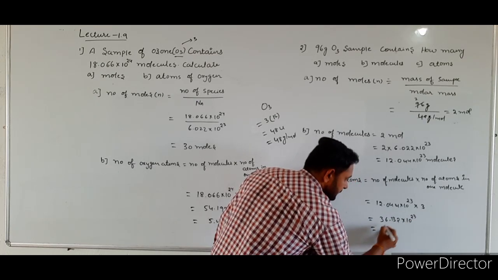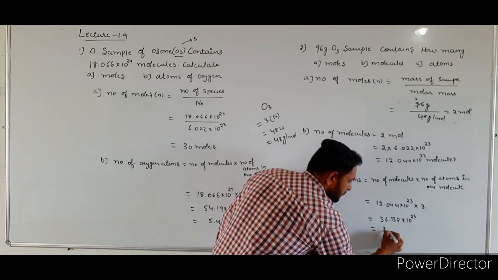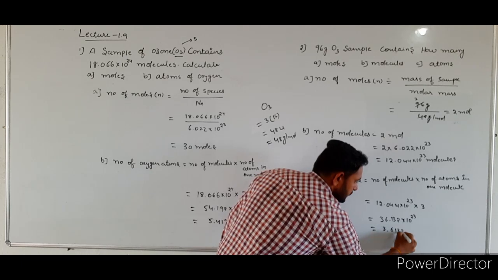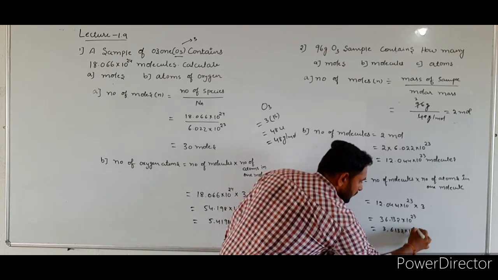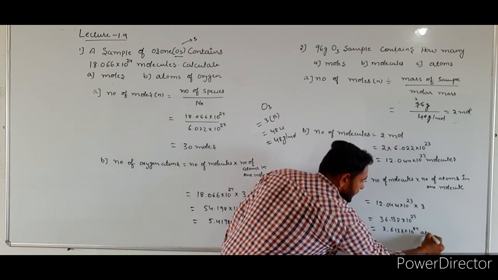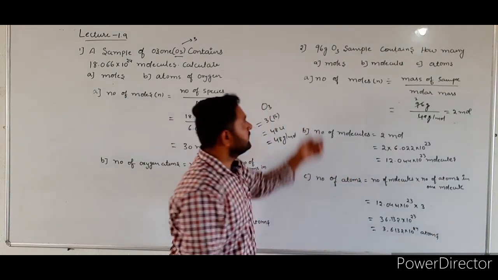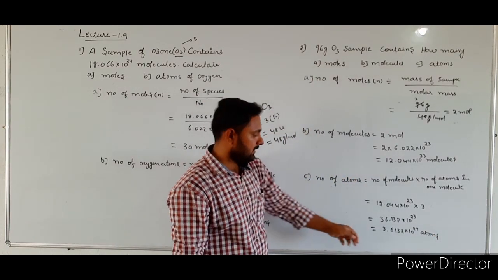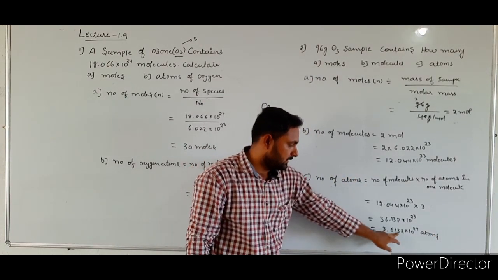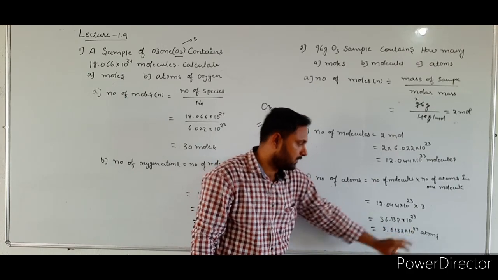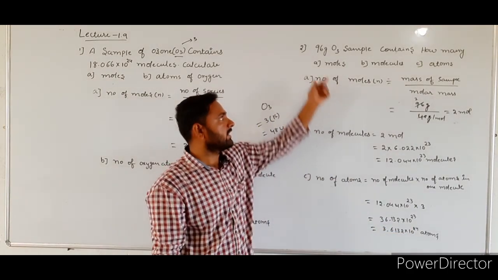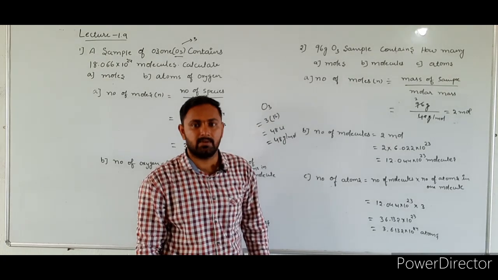If you simplify this one, you will get 3.6132 into 10 power 24 atoms. How many atoms are present in the 96 gram O3 sample? There are 3.6132 into 10 power 24 atoms present in the 96 gram O3 sample.